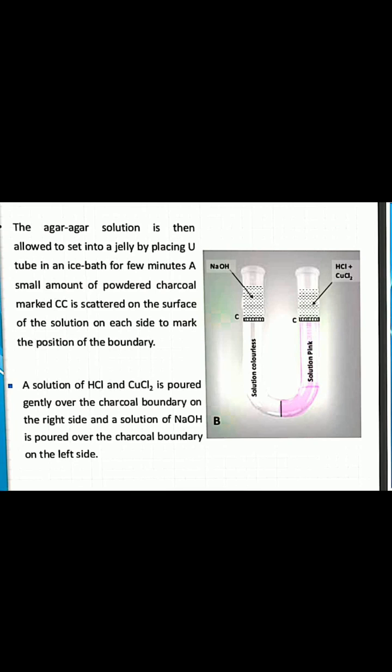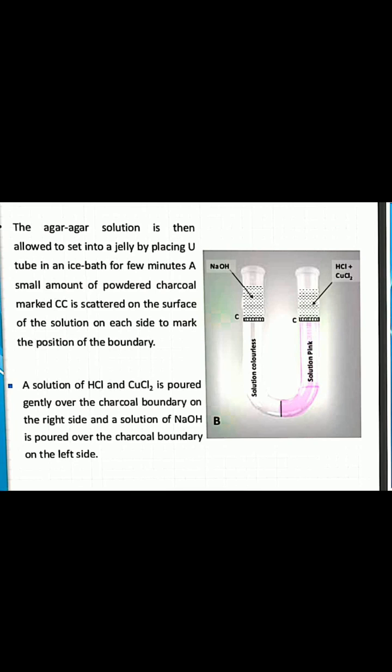Then, a small amount of powdered charcoal is scattered on the surface of the solution on each side to mark the position of the boundary. When we add the charcoal, it clearly marks the position of the boundary.